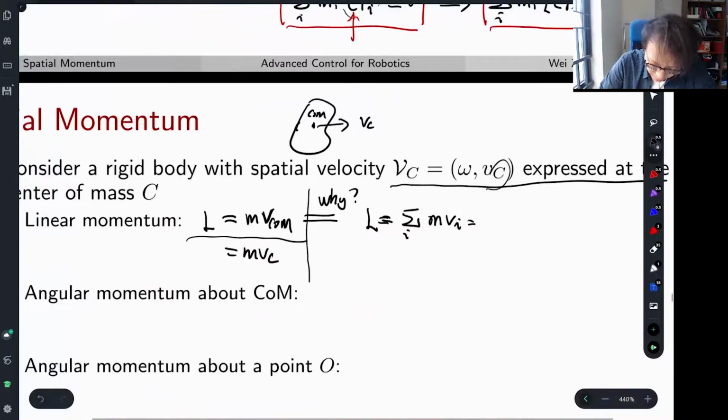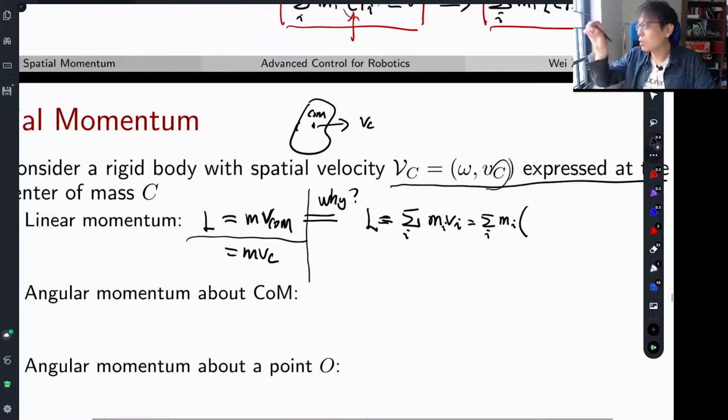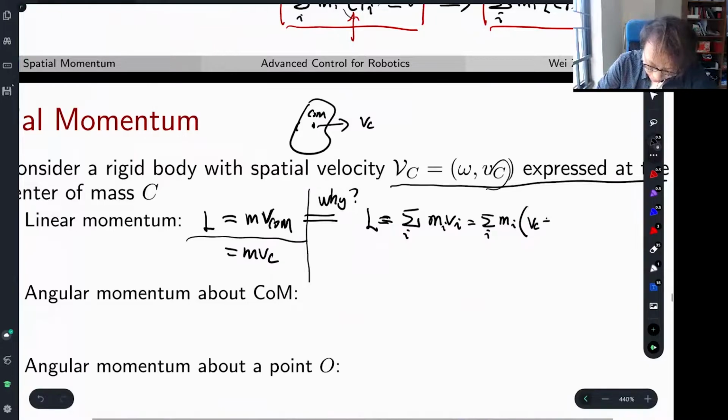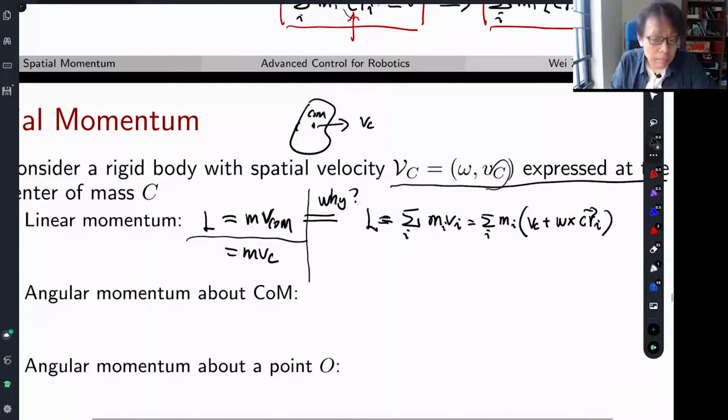Because it is a body, you can parameterize the velocity of all these points with some reference, for example VC here. So it is mi times VC plus omega cross the vector from C to Ri. That's our twist, by definition. Twist is the parameterization of the whole body's velocities.